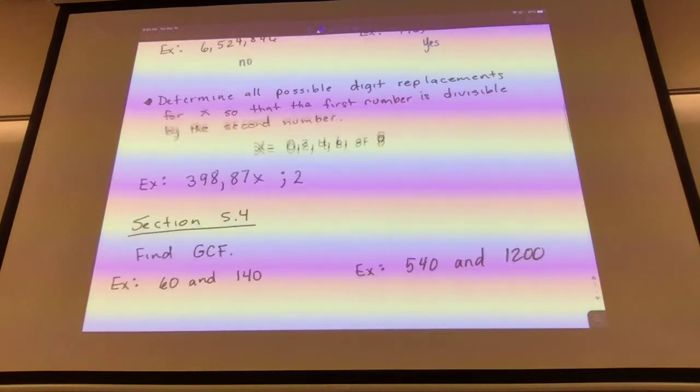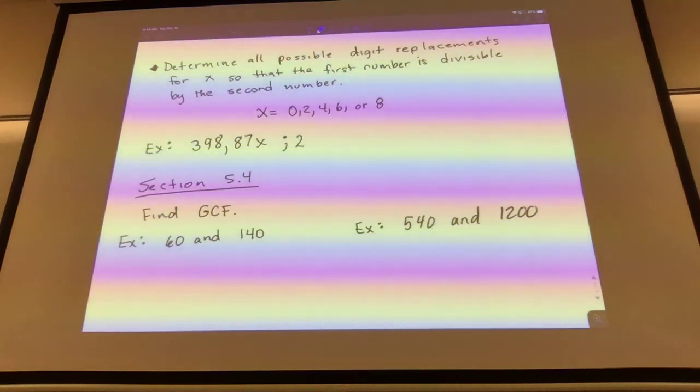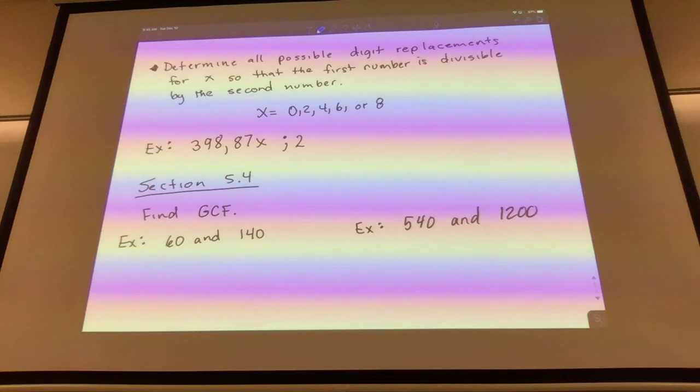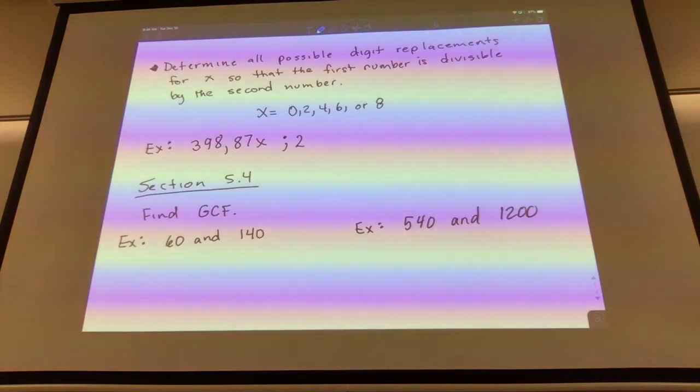Our next question says, determine all the possible digit replacements for x so that the first number is divisible by the second number. Okay, so we're looking at this particular number.